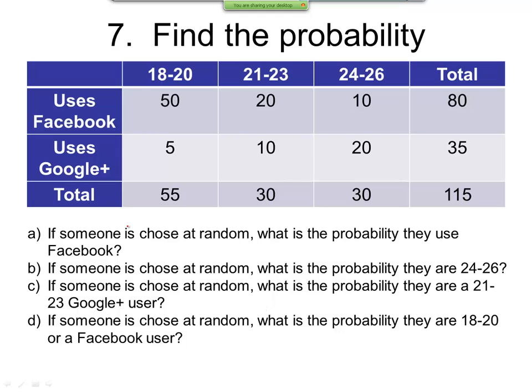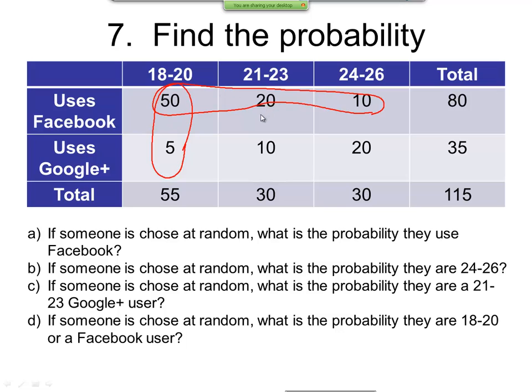Not a very big one, but okay. I added the 18 to 20 column right here. I also added the Facebook row. Well, you notice I added the 50 twice, didn't I? I added it in this column and I also added it in this row.